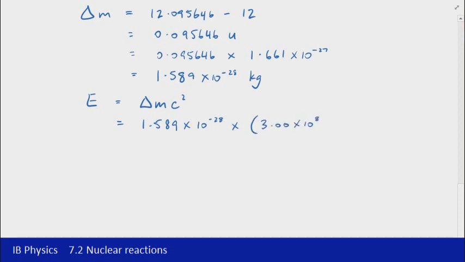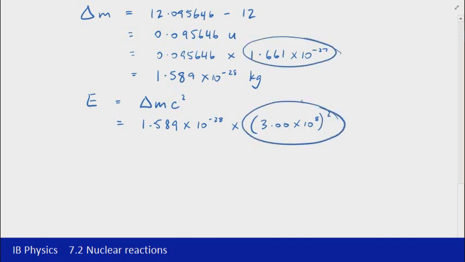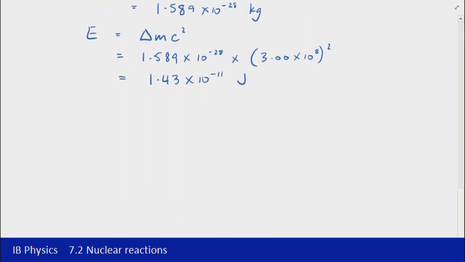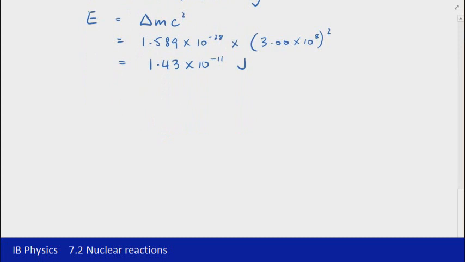Keep in mind that these conversion factors, this one here and the speed of light, are in the data booklet, so you don't need to memorize them, you can just look them up. That gives us a quantity of energy that's 1.43 by 10 to the negative 11 joules. Again, doesn't seem like much, but if you consider the amount of atoms in a substance, very quickly it can add up to be quite a lot of energy.